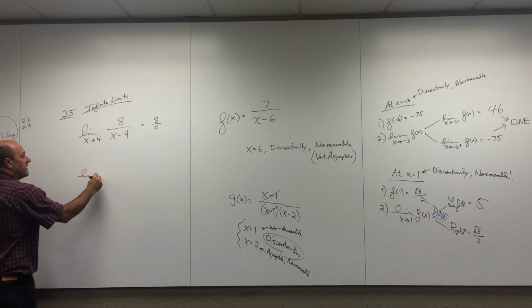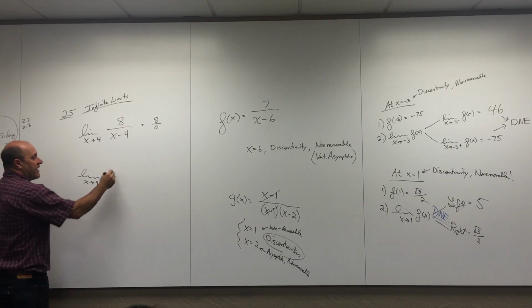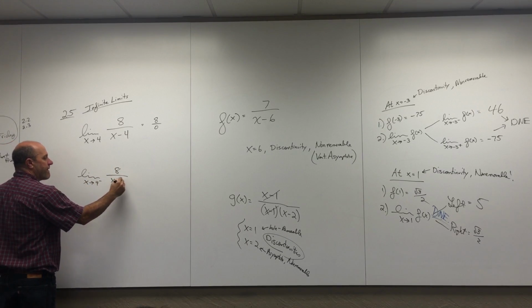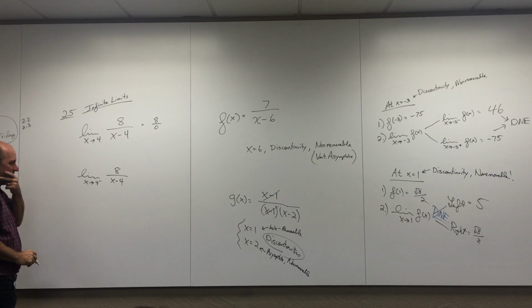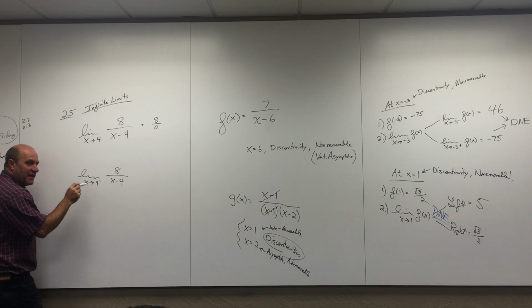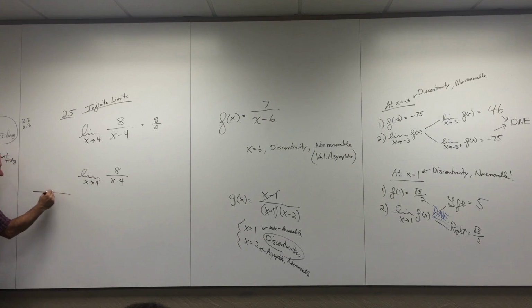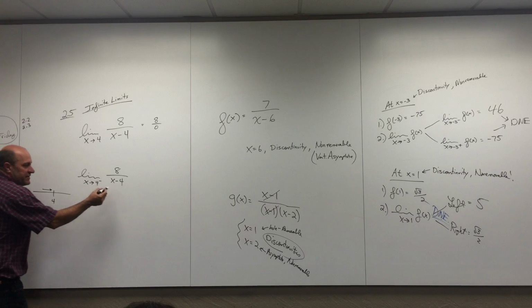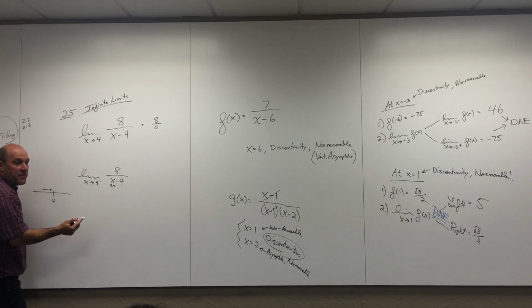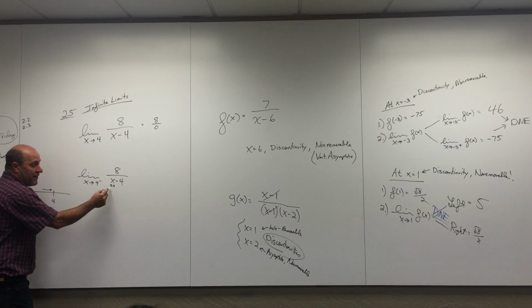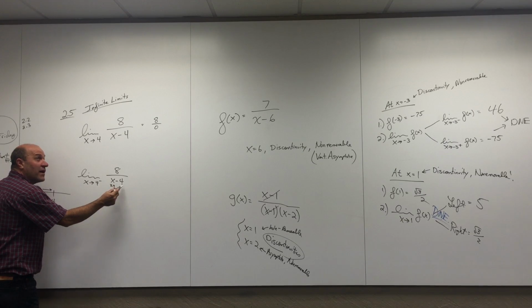Let's look at the limit as x approaches 4 from the left. I'm approaching 4 from the left, so I'm like at 3.9, or 3.9999, whatever you want.